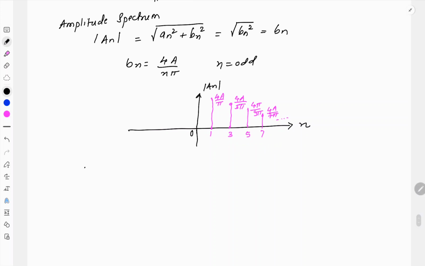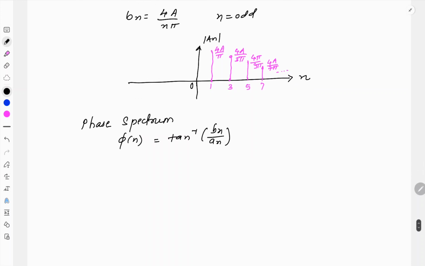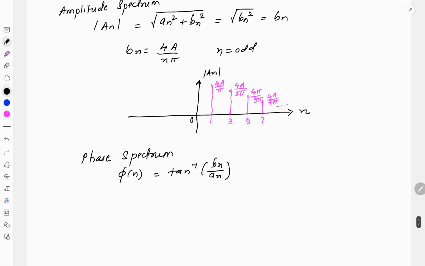Similarly, we need to plot the phase spectrum. For the phase spectrum, we have phi of n equal to tan inverse of bn upon an. In our case, bn exists and an is 0. So we have 0 value for tan inverse.